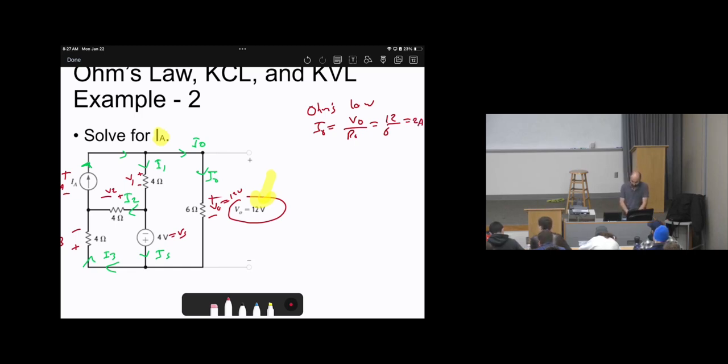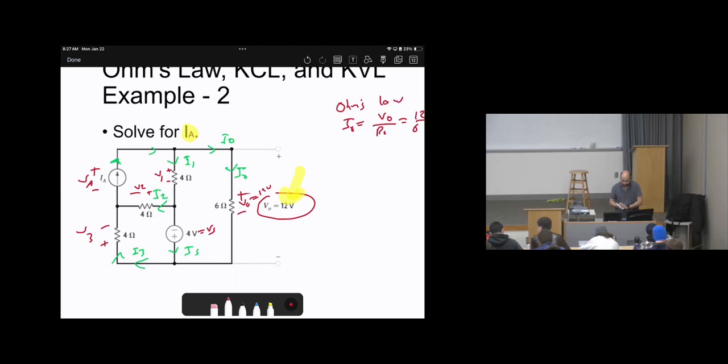That's IO. The next thing, remember, our target is to calculate IA. Now, in order to calculate IA, we need to apply KCL. Look at the edges of all the nodes. Let me call this node 1 and this node 2.